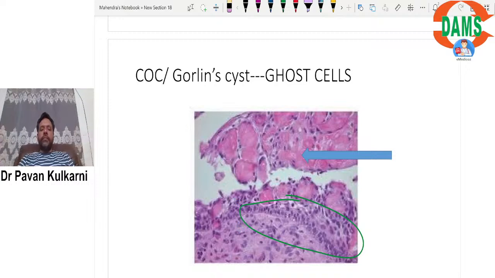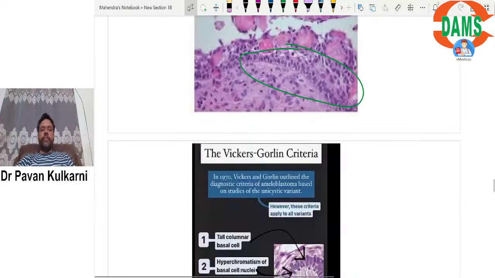Those ghost cells are very characteristic of this cyst. You can also see ghost cells in odontomes and ameloblastic fibro-odontomes. Wherever an odontome comes, you will see ghost cells.